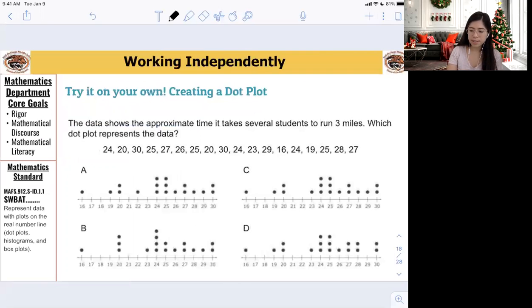So here's an example of what this would look like on a test. You're going to have to look at those 4 dot plots and figure out which one is correct. So take about 2 minutes to do that. See how fast you can get it done.